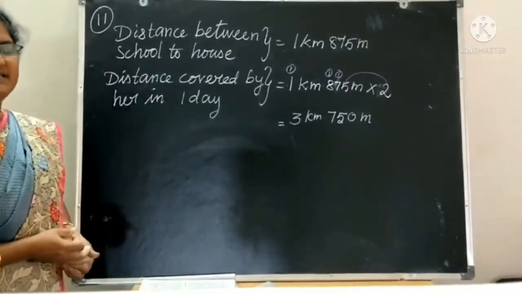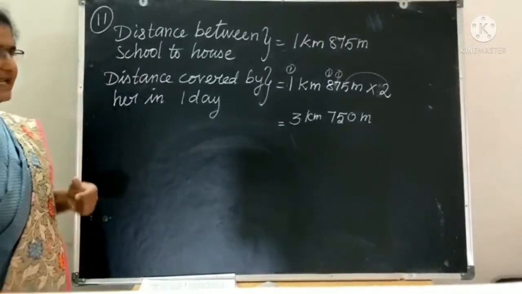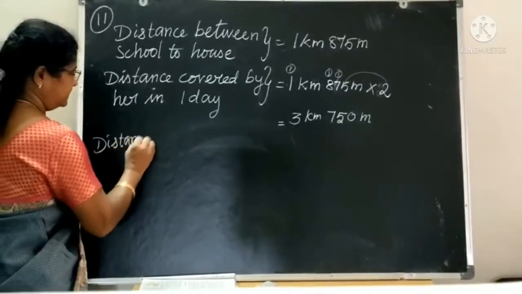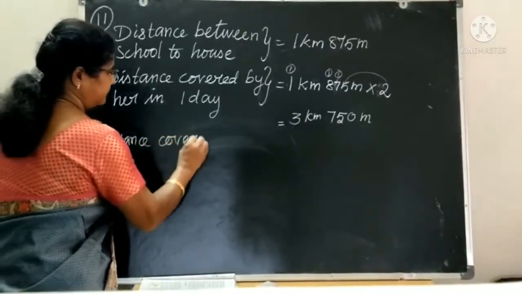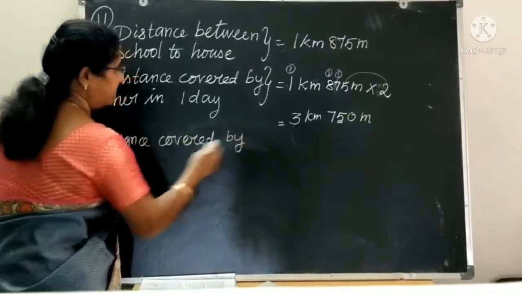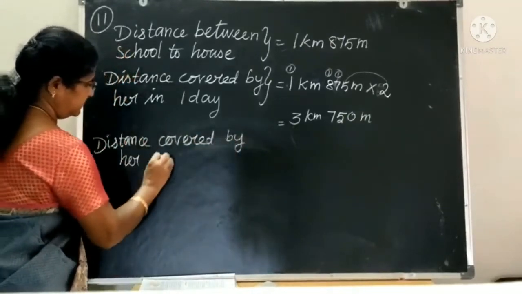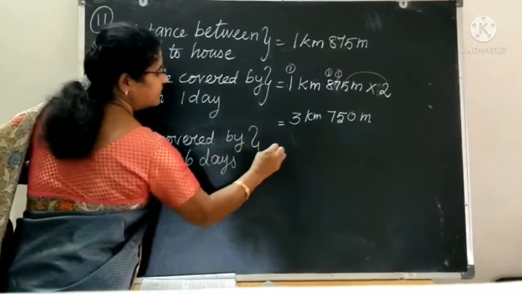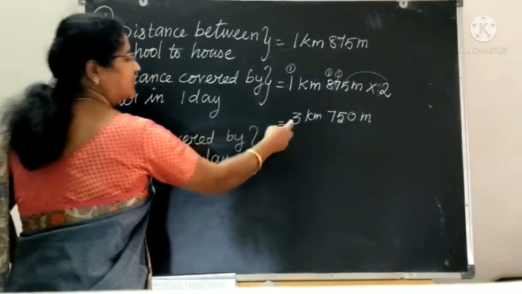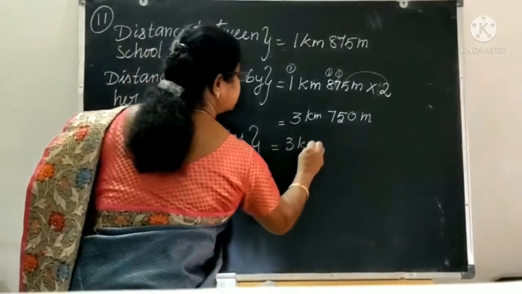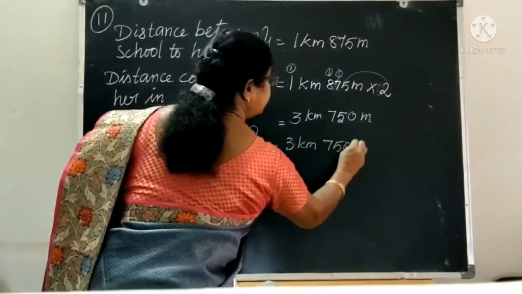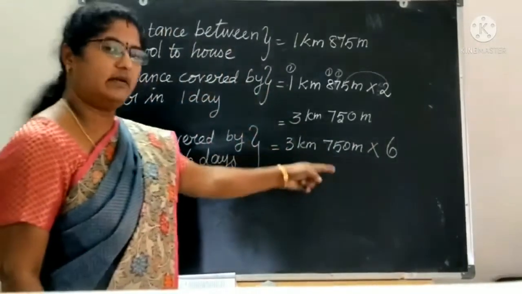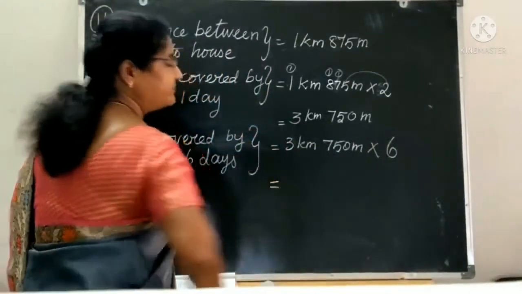What we need is the distance covered by her in 6 days, which equals this answer multiplied by 6. Here also you multiply by the number, so you keep the units as such.